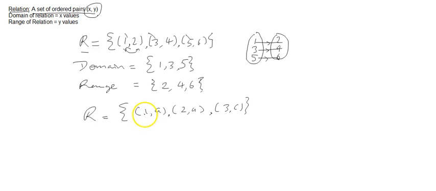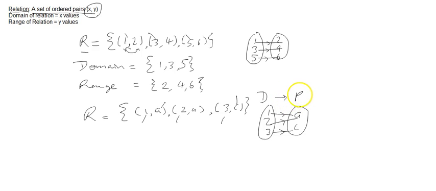If somebody asks me about the domain, the domain is going to be 1, 2 and 3, and the range will be A and C. If I make an arrow diagram for this, it will be something like this: 1, 2 and 3, and A and C. I'll join these. 1 is related to A, 2 is also related to A, and 3 is related to C. My domain is here and my range is over here. So the range is A and C and the domain is 1, 2, 3. So that is what a relation is.